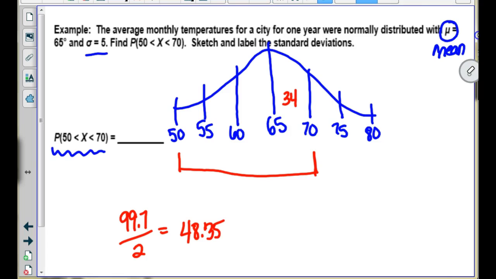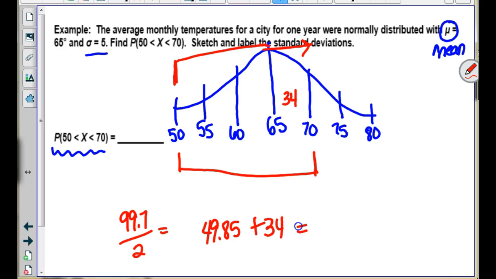It's 49 point something, I think. What's half of 99.7? Okay, so this was out to 99.7 and we had half of it. So that's why we did divide by 2. Then this additional piece this way was another 34. So what are we hitting? 83.85? Or roughly 84%, which would have been 50 plus 34.